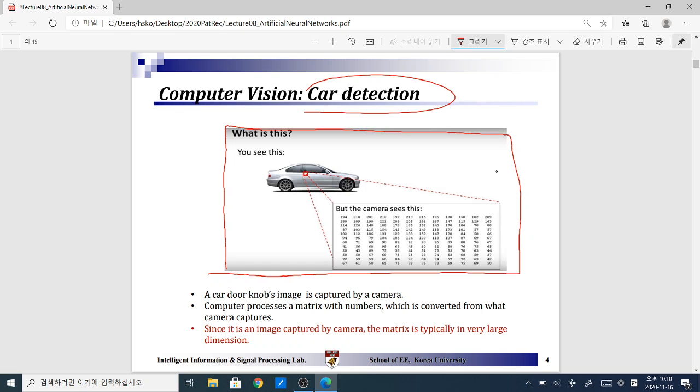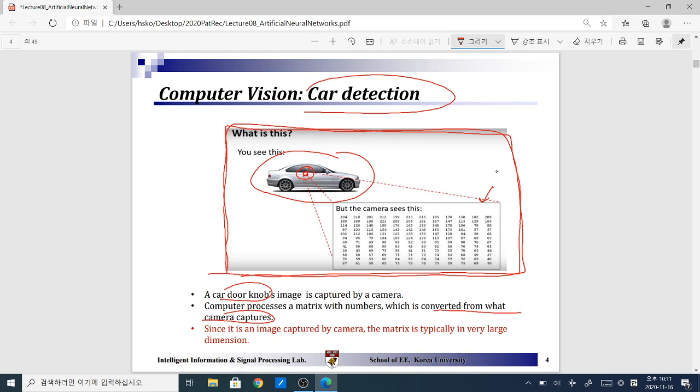For example, by capturing this scene using a camera, with an object that's contained in this scene, which is a car, even a very small rectangle that contains, say, the car's doorknob image is going to be read by the computer as a matrix of these numbers, which is converted from what the camera captures.